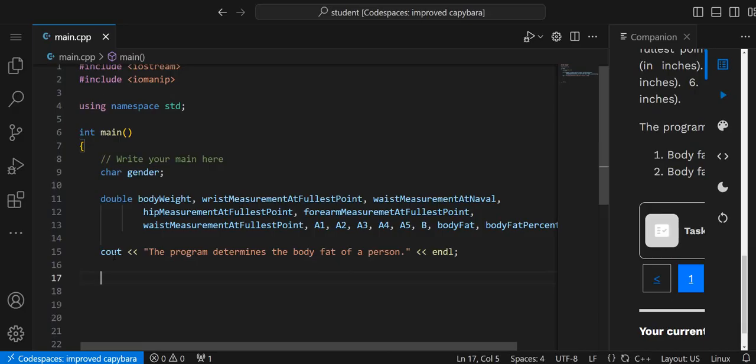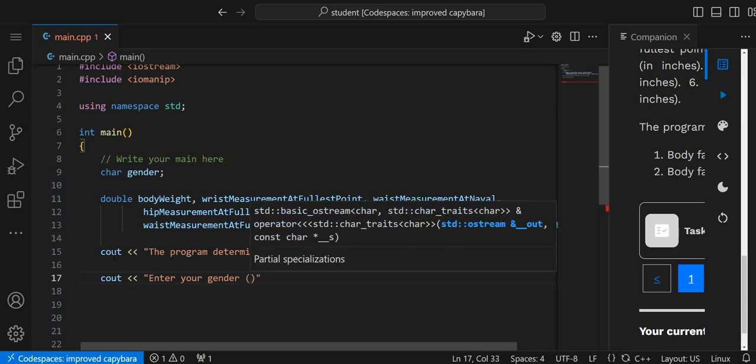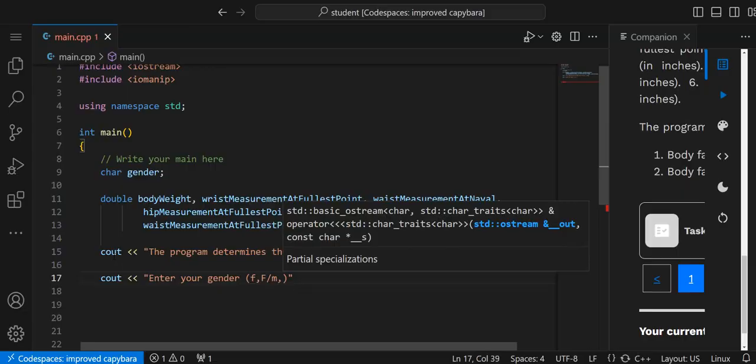Let's go: enter your gender, let's put F slash M for female or male.